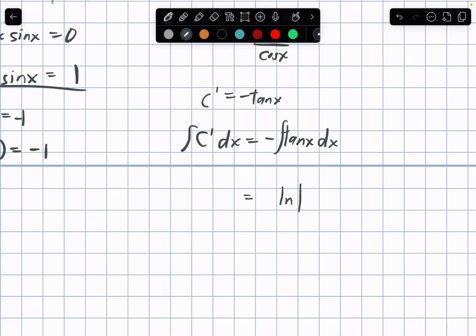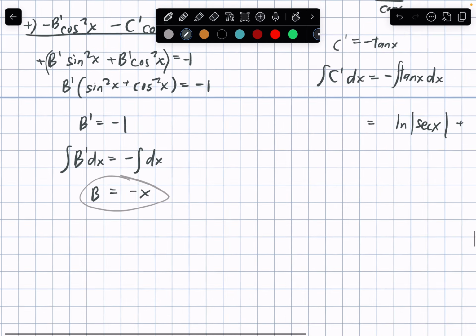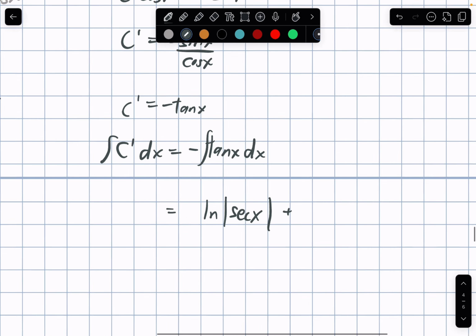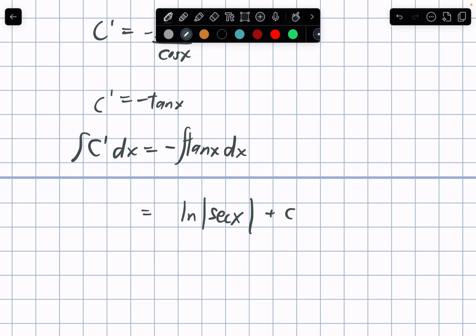Tangent is, I think, secant x. Oh wait, sorry. Earlier, we integrated, no? Don't forget the constant of integration. Here it's c sub b. Here it's c sub c. I think that's the one. What is the integral of tangent?